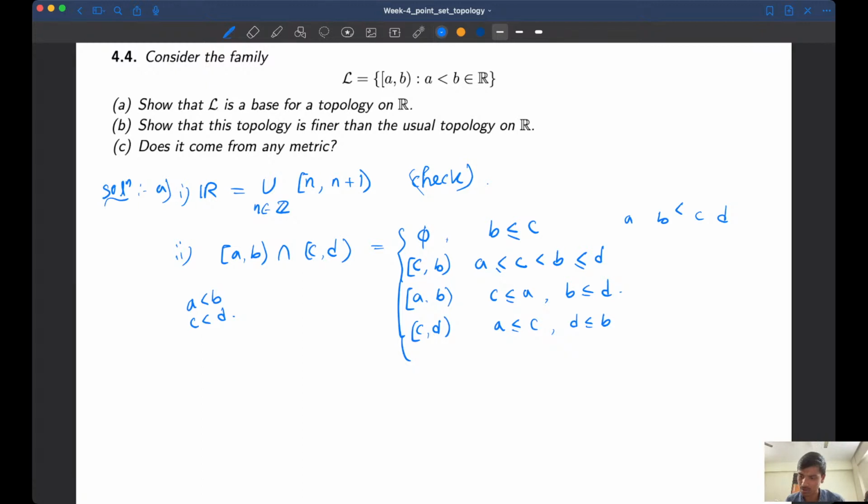AD, when it is possible? C less equal to A is possible, right? Yeah, it goes over this one.